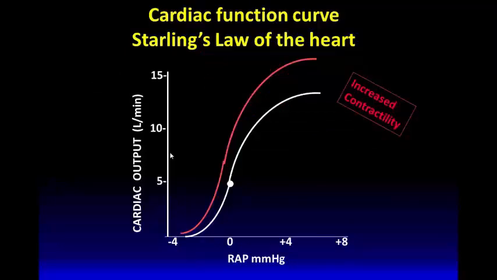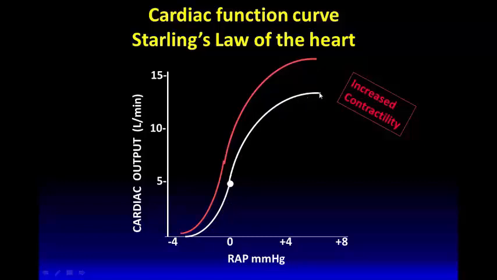Here we have the effects of sympathetic stimulation on the modified Starling's curve of the heart, the cardiac function curve, with the right atrial pressure on the x-axis reflecting the preload and the cardiac output on the y-axis. This is the left ventricle with normal sympathetic stimulation.